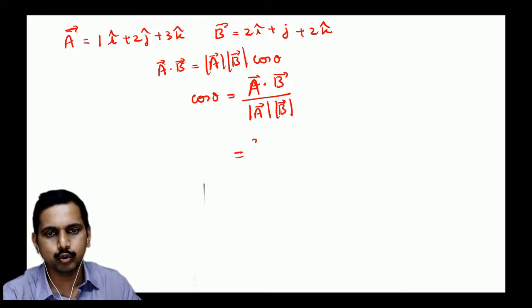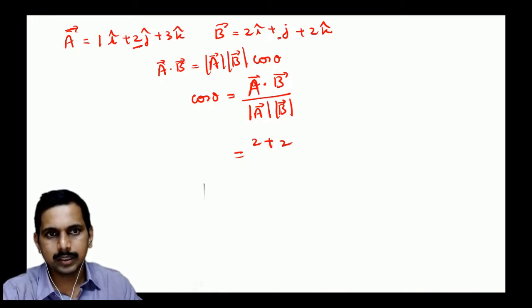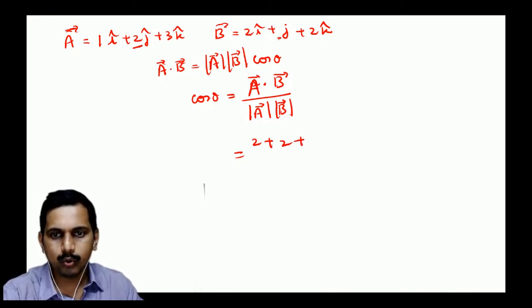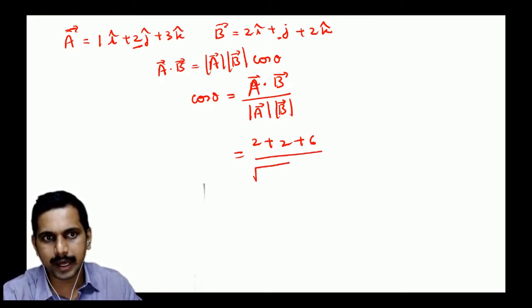What is A dotted with B? 1 into 2, 2, plus 2 into 1, 2, plus 3 into 2, 6, so 10, divided by magnitude of A. What is magnitude of A? Square root of 1 square, 1, plus 2 square, 4, plus 3 square, 9. So 1 plus 4 plus 9, square root of 15, is it not?